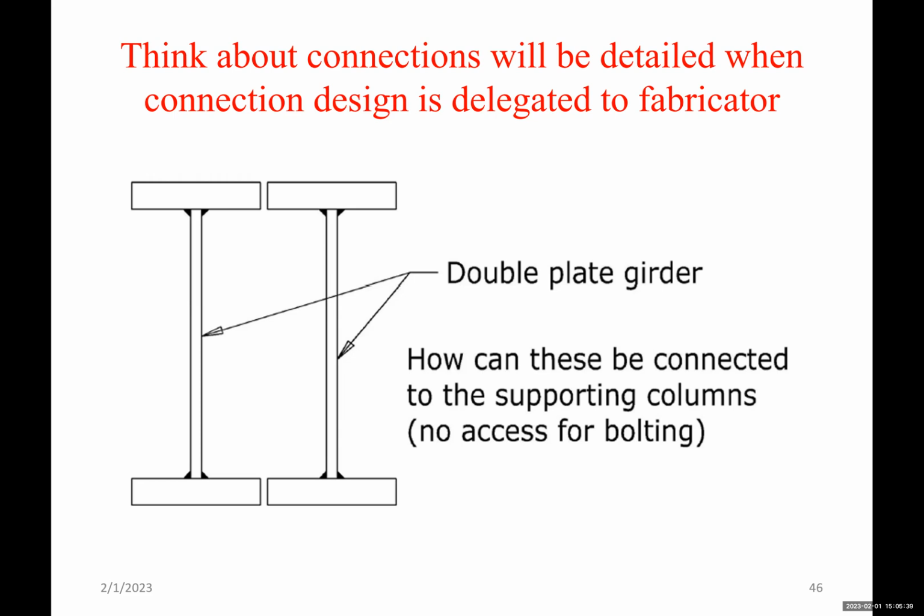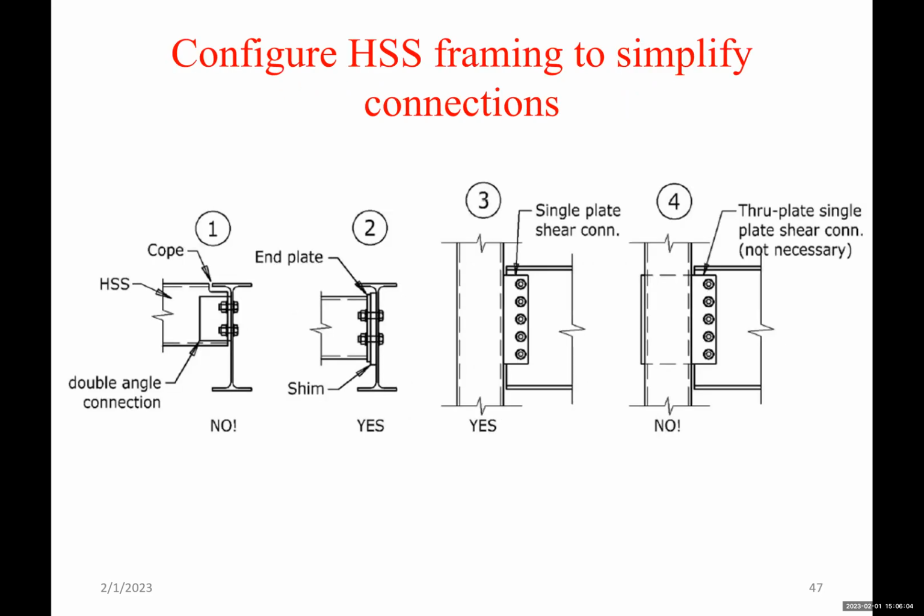We're closing, you know, the part inside is gonna be like a box. How can we access that? I mean, there are ways to deal with that. Okay, we have done it. But you have to do it as a structural engineer, designing the plate girders, not the fabricator.